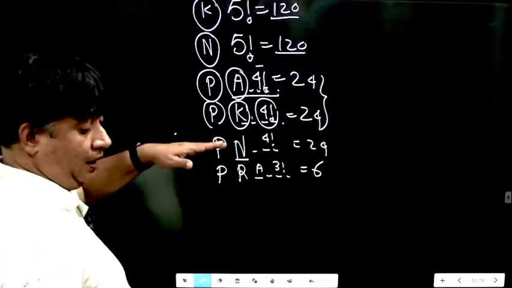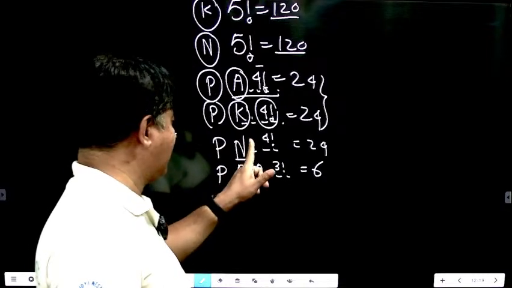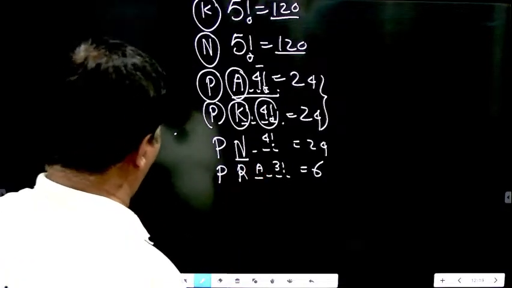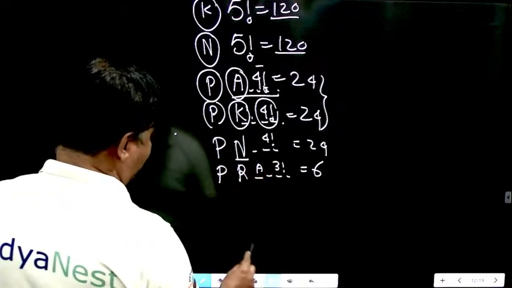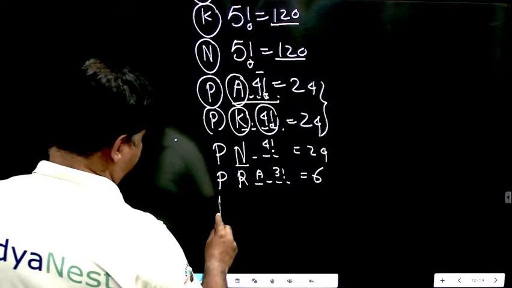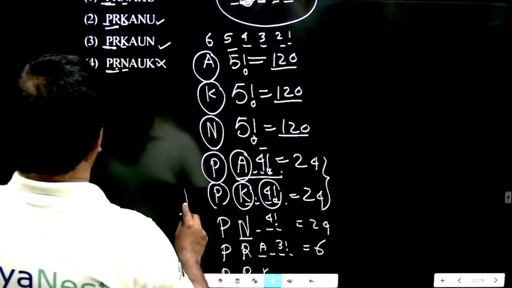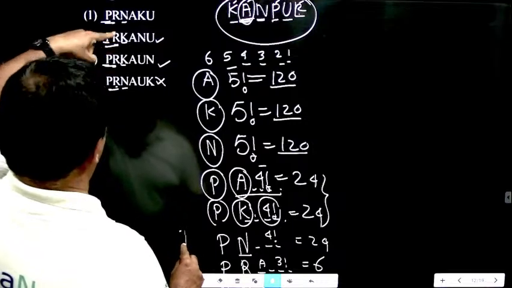Now with A, all arrangements you have got, keep fixing A in the third position. After A, what should you get? K. P R K. P R K is one of the options.